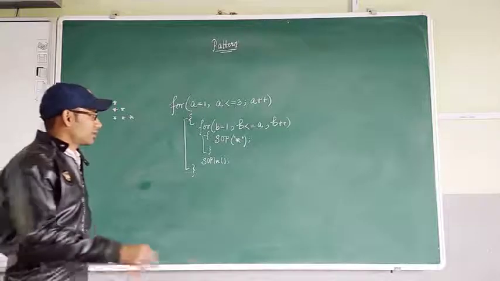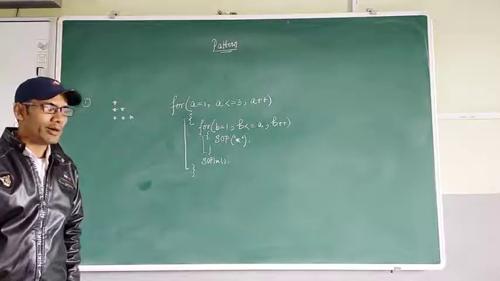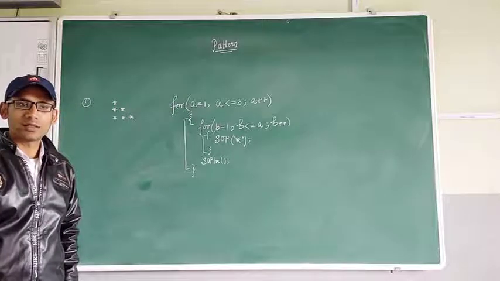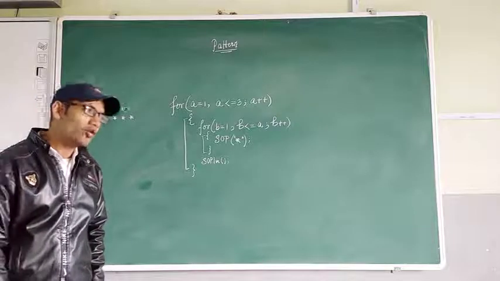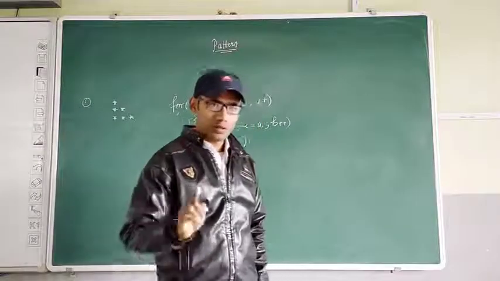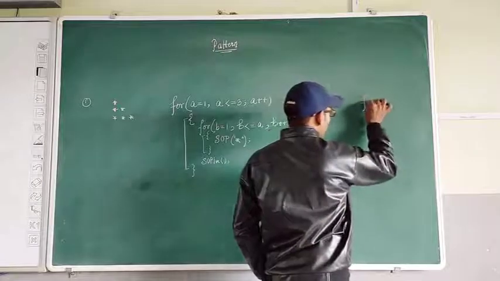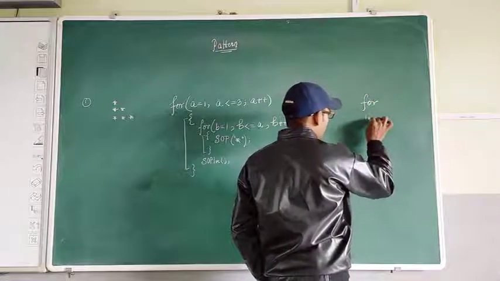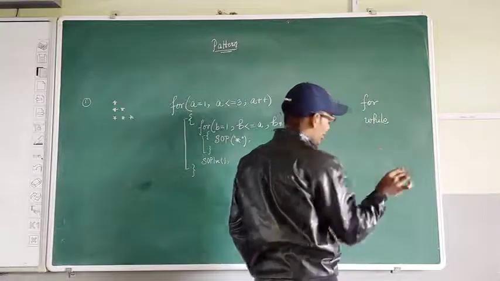Now let us try to understand. See, first of all, how many parts are there of a for loop? In fact, how many parts are there of any kind of loop? How many loops are there? For loop, while loop, and do while loop.